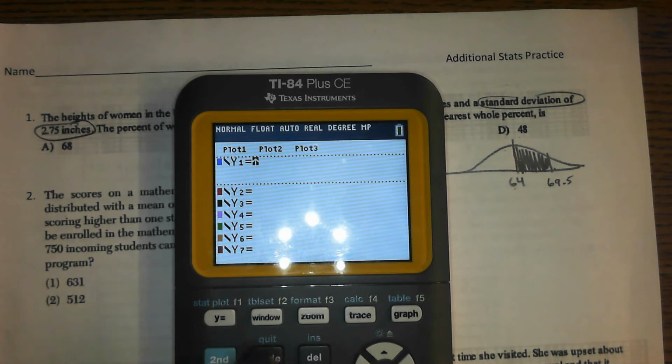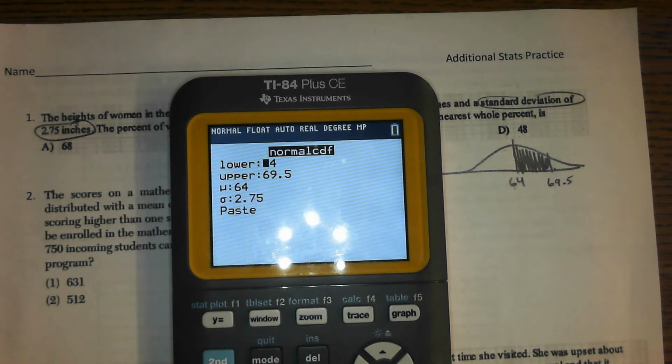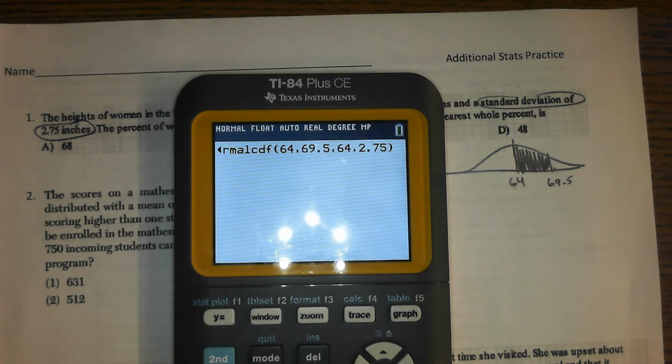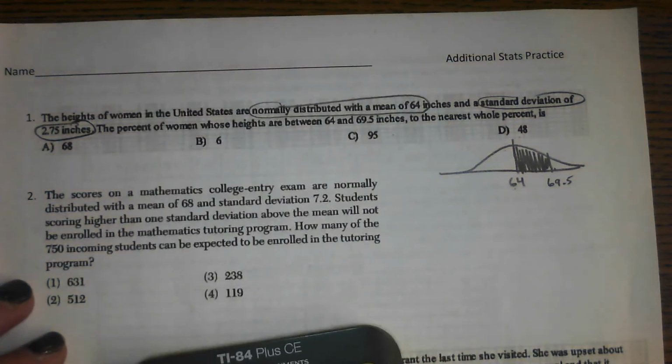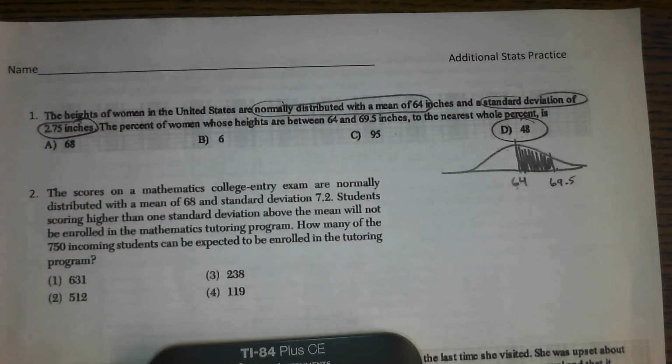Shoot. I'm going to do that again. There we go. My numbers are still there. So low, high, mean, standard deviation. Paste it into the screen, hit enter, and it's going to give you the percentage right there. And this particular question asked, what is the percent? So that's 47.7%, which is 48 to the nearest whole number.